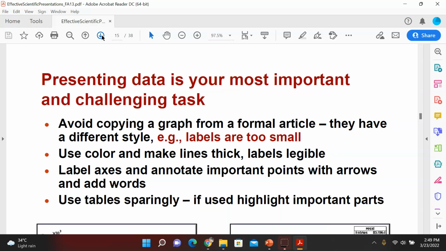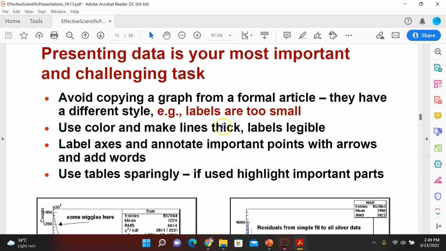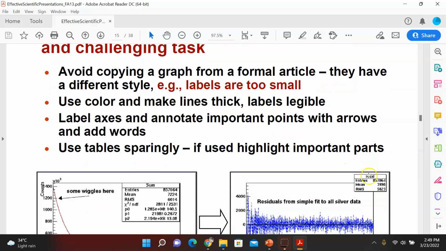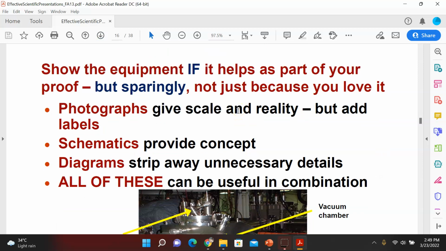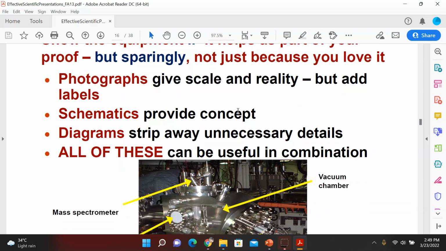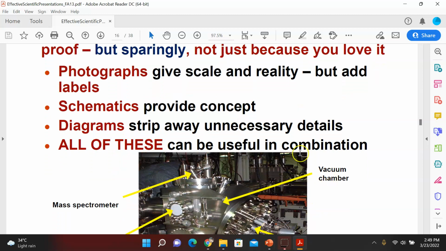Presenting data. Again, this is particularly important for the case of experimentalists. Okay, you have to label things up. Okay, I think most of these are pretty common sense to you, but it's just making you a bit more aware of it. Equipment, again, showing just a picture, for example, might actually not be so meaningful.